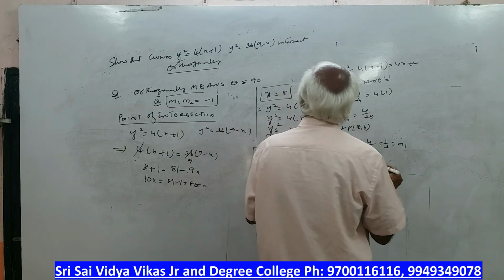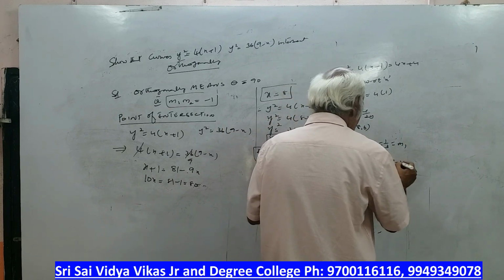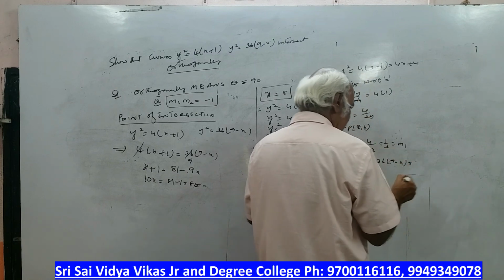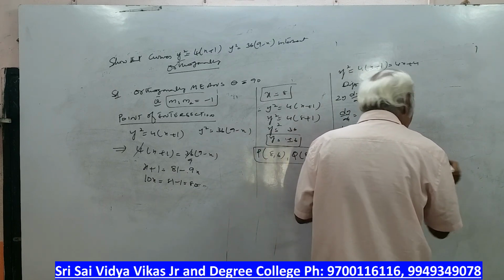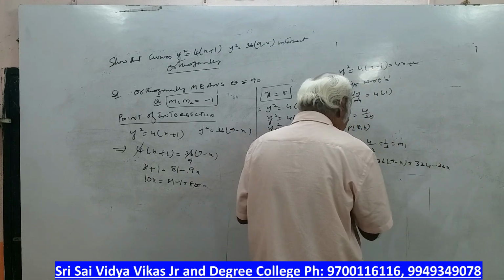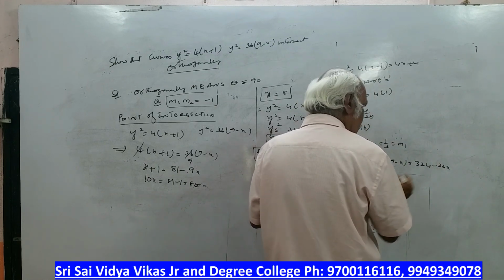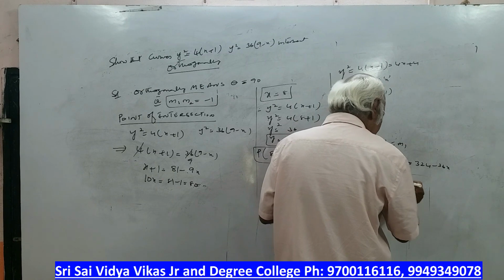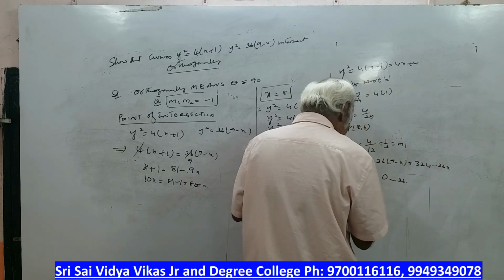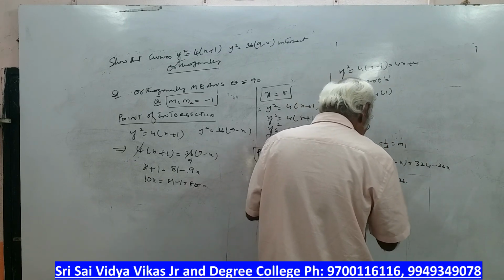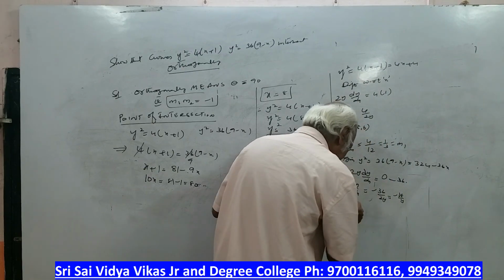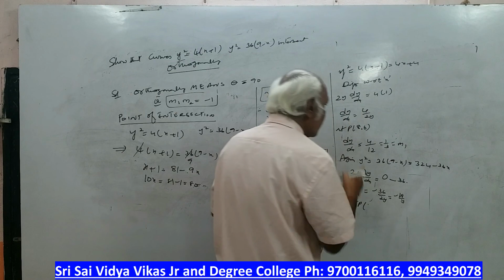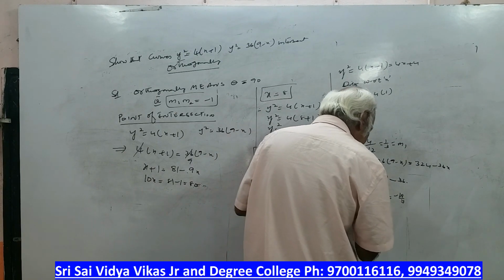Okay, again y square is equal to 36 into 9 minus x. If you multiply, 324 minus 36x. So again derivative: 2y dy by dx is equal to 0 minus 36. So dy by dx is equal to minus 36 by 2y. Okay, at P point, what is the P point? 8 comma 6.